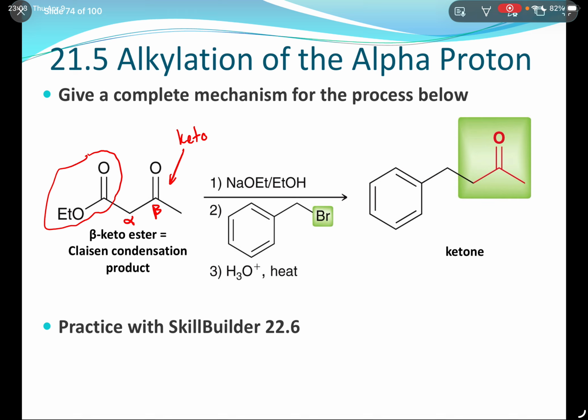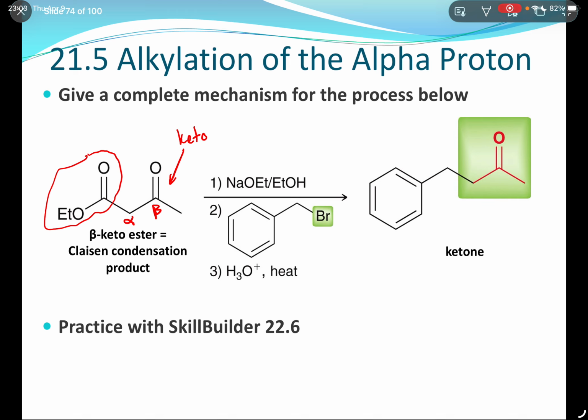If you go back and look through the Claisen condensation slides, you'll see that your product of a Claisen condensation is actually a beta-keto ester. We may not have used that term, but this is effectively a Claisen condensation product.